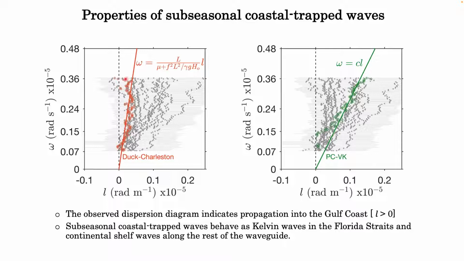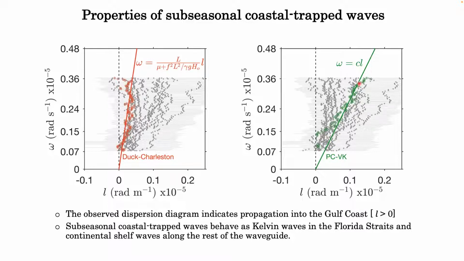For example, on this left panel, I'm showing you the observed dispersion diagram inferred from the data between Duck and Charleston, which lines up pretty well with the theoretical dispersion curve for continental shelf waves.